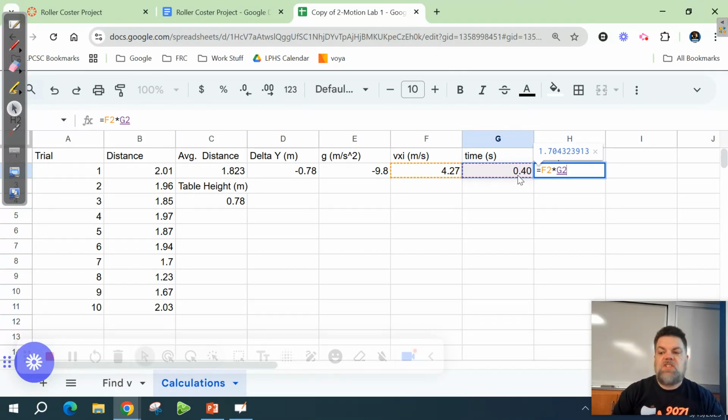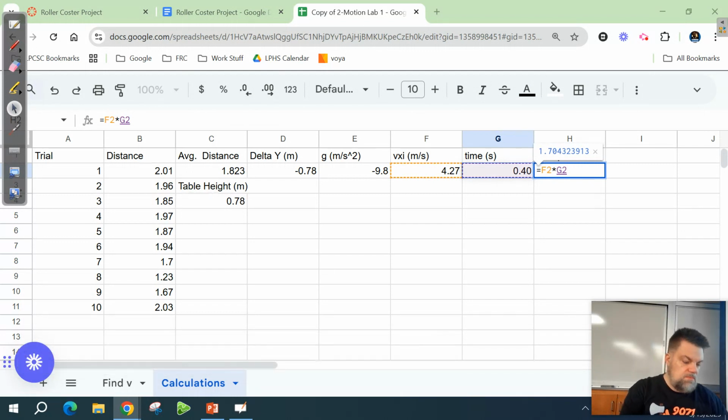And if you typed your spreadsheet just like mine, F2 times FG would work. Okay. Then hit enter.